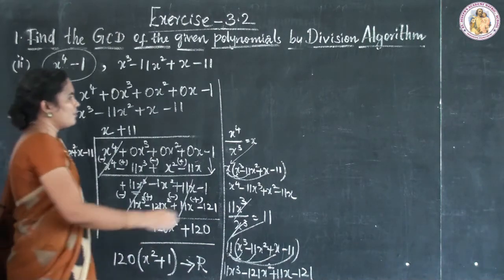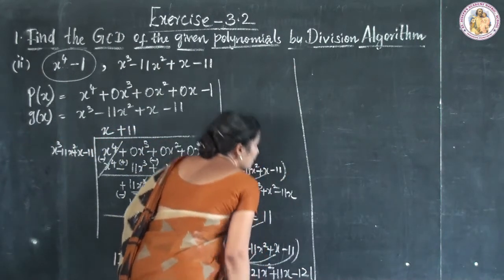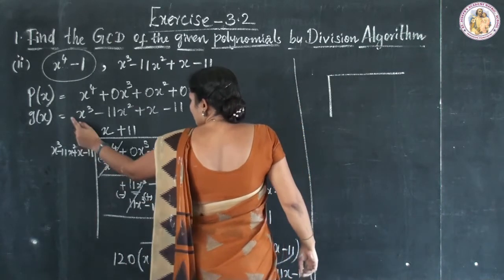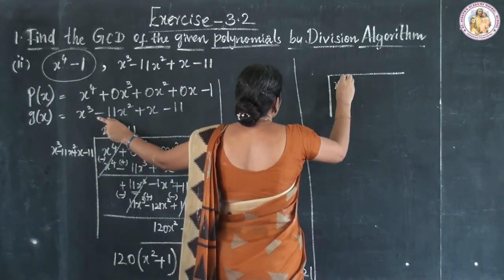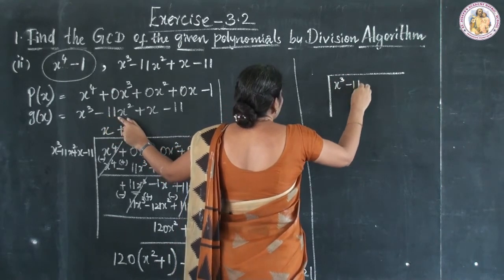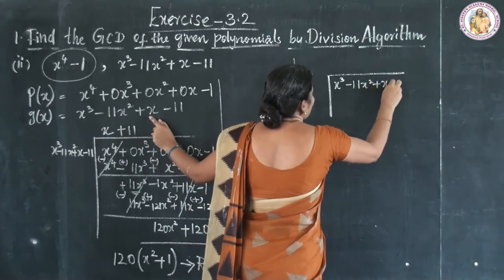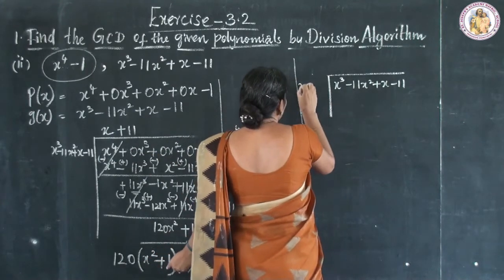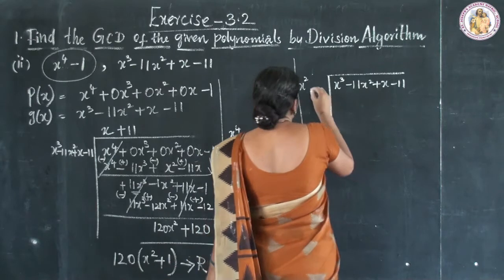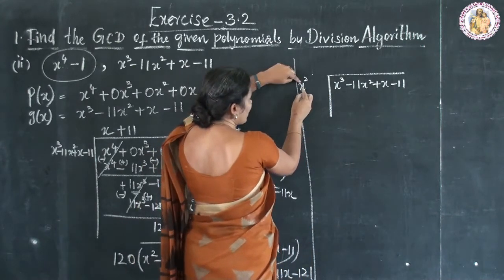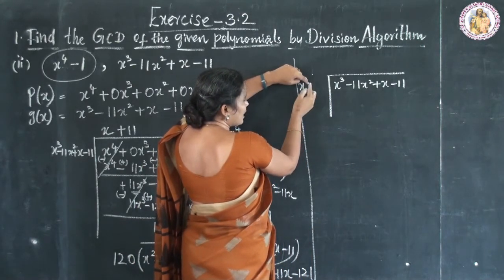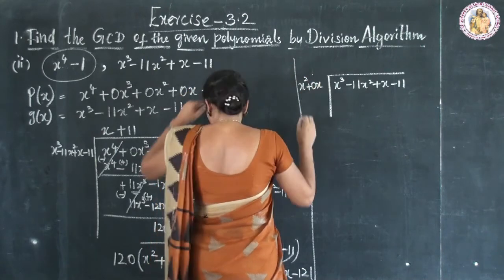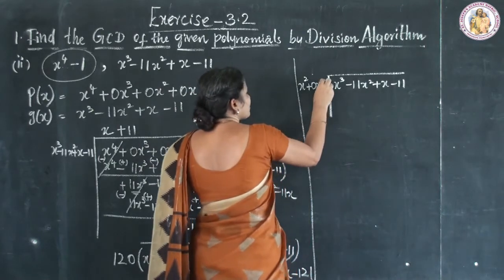Again what we have to do, till you get 0. And write this remainder, that is x square plus 1. As we learned already, after x square we have to get x. So we don't have x, right? 0x plus 1.